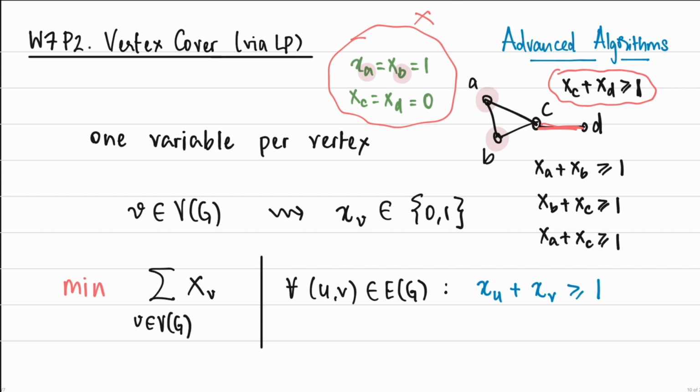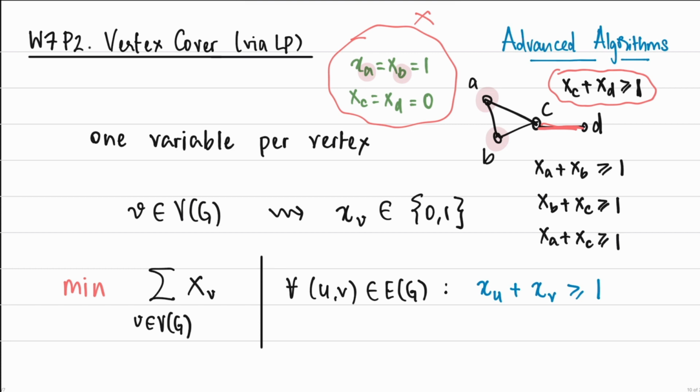because you start with an instance of vertex cover, you come up with an instance of ILP, and the ILP instance has a solution which has a value of at most k for the objective function if and only if the graph that you started with has a vertex cover of size at most k. So if you would like, you can also think of this in terms of a polynomial time reduction, and that's one way to look at it.